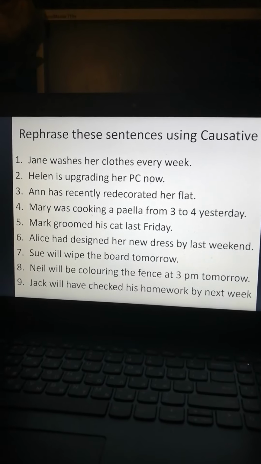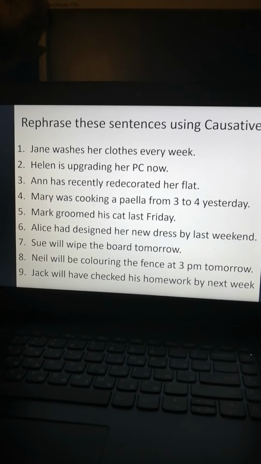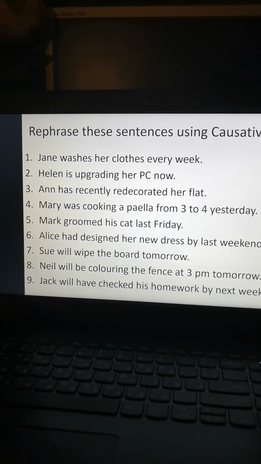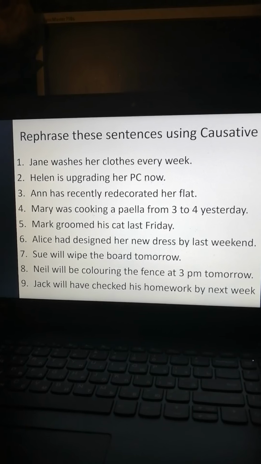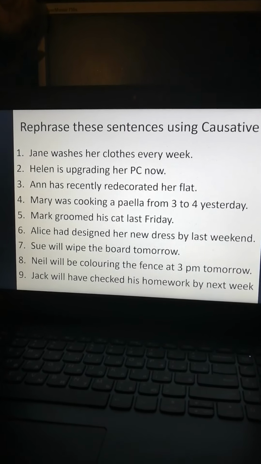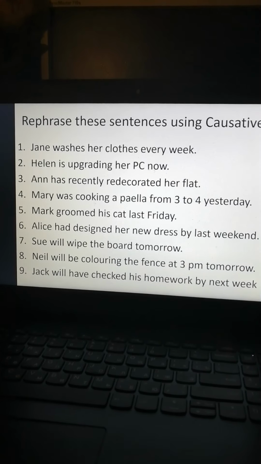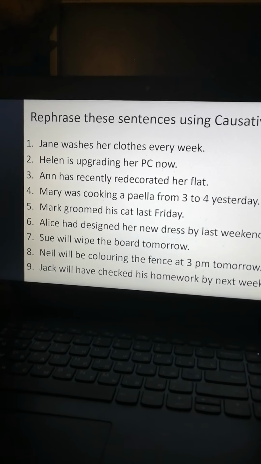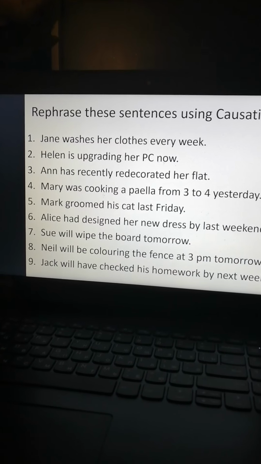Jane is having her clothes washed. Helen is upgrading her PC. Helen is having her PC upgraded. Anne has recently redecorated her flat. Anne has had her flat redecorated.